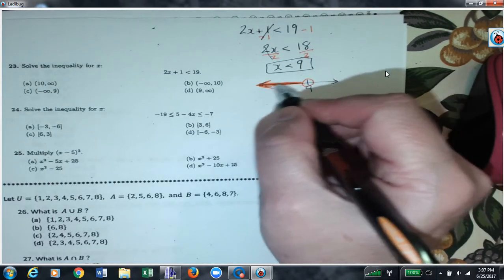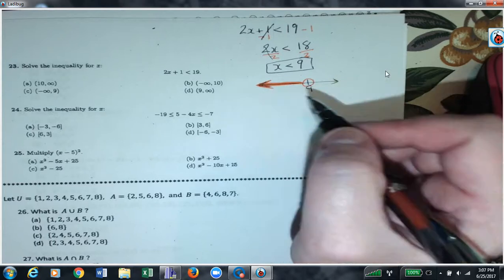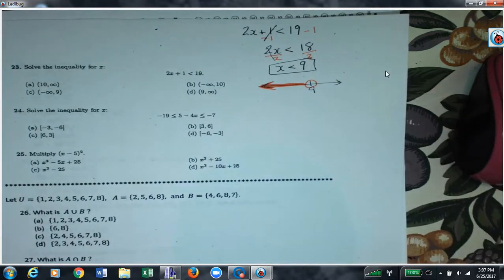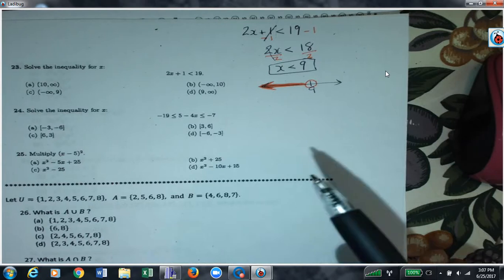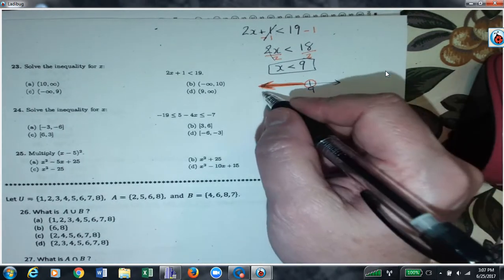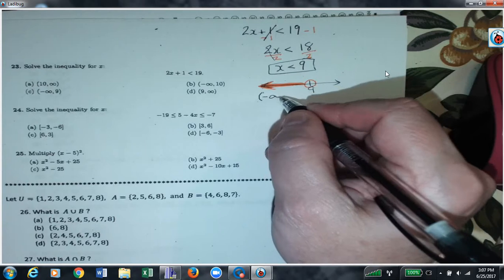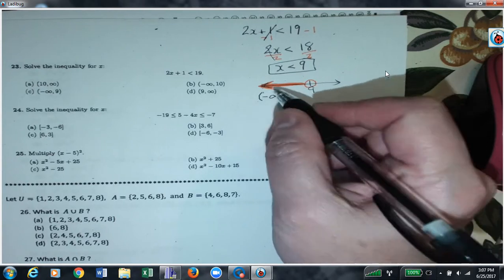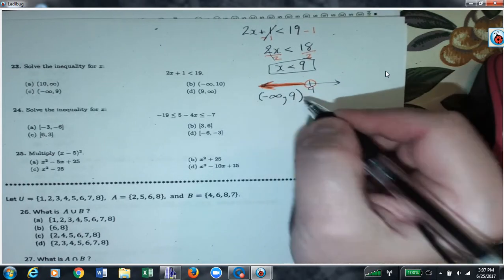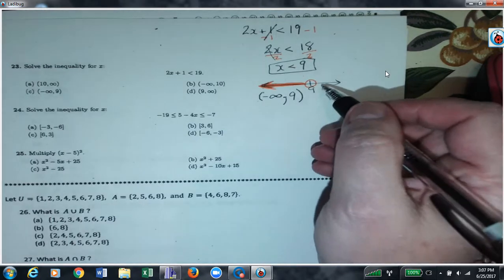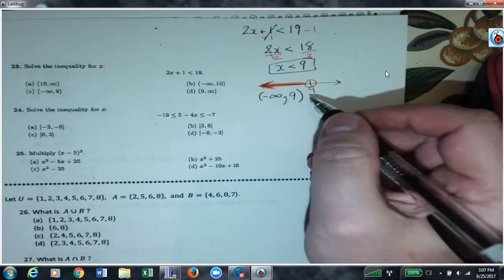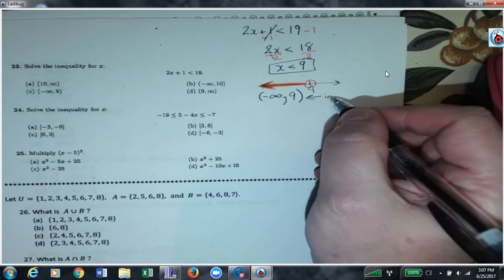Now, in interval form, so what this means, if x is in the red, it's good. It's allowed. Interval form, going from left to right, we have no leftmost point over here. There's no limit over there. So that's going from negative infinity up to, but not including 9. So if it does not include 9, if it's not colored in, I put a parenthesis there. This is not a point. This is an interval.